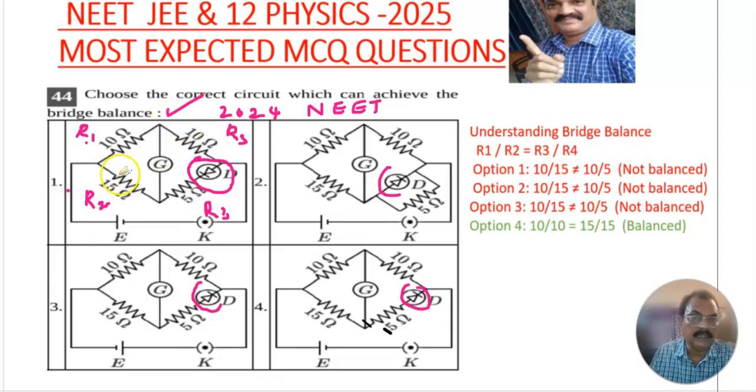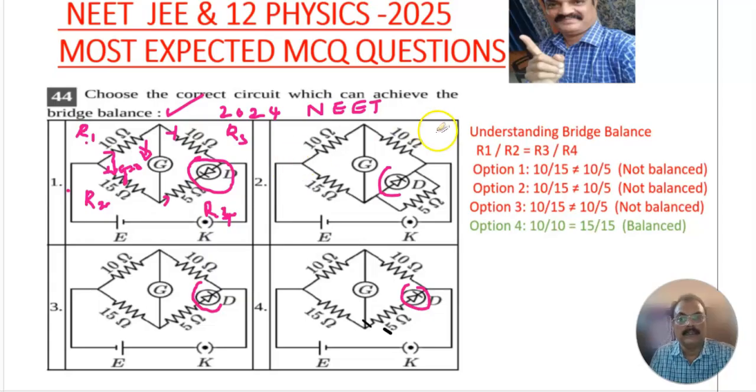When these resistances are adjusted in such a way that no current will flow through the galvanometer, that means galvanometer current will become 0. If it is 0, no current goes in this, means current will go like this and this way. Then since the diode is reverse bias, current will be in I3, I4, there is no current in this. So that is what you have to understand.